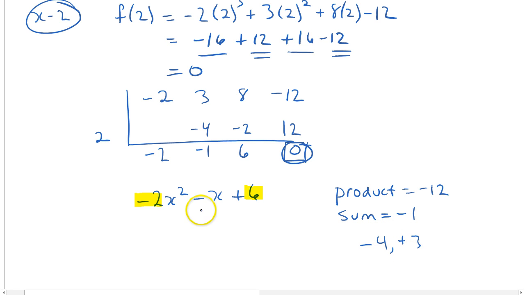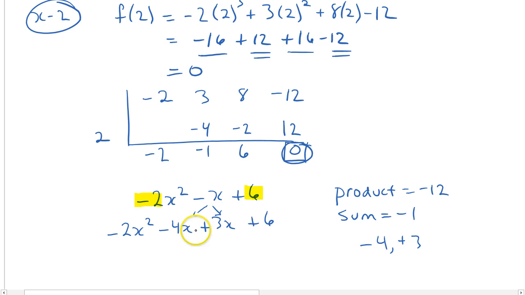And so what I do is this: the linear term, the term that just has the x, I'm going to break into two terms. So I'll rewrite minus 2x squared. Now instead of minus x, I'm going to write minus 4x plus 3x plus 6. So you see what happened? This turned into these two.